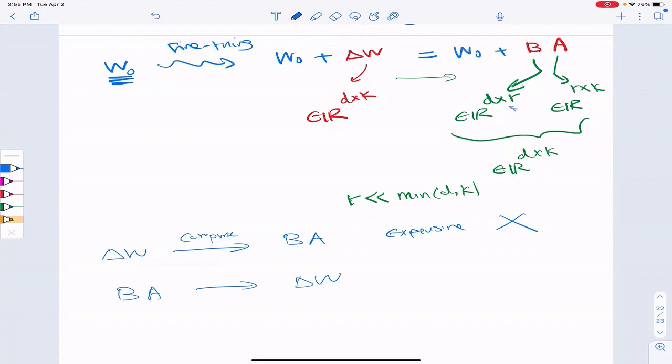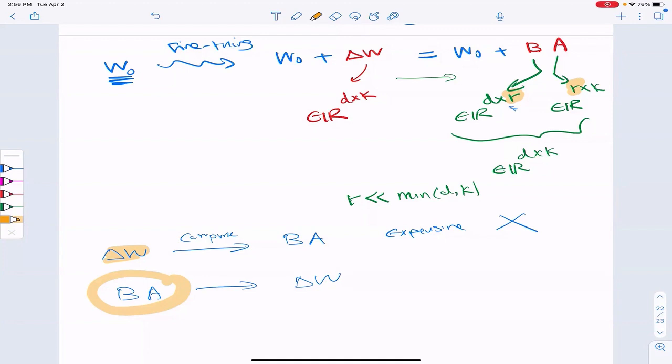So that means instead of saying that I'm going to have a general perturbation in my weights, delta W, and then maybe project it to some sort of dimensionality reduction, we are going to assume the change is explicitly in the form of two matrix multiplication, B times A. And these matrices are constructed in a way that the combined matrix B times A is low rank, because R is our design choice.